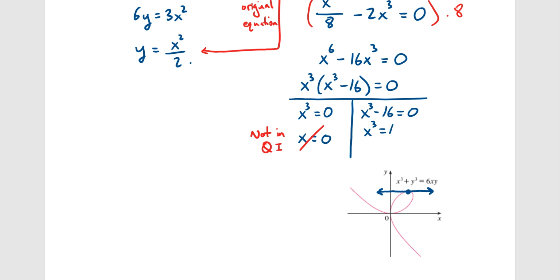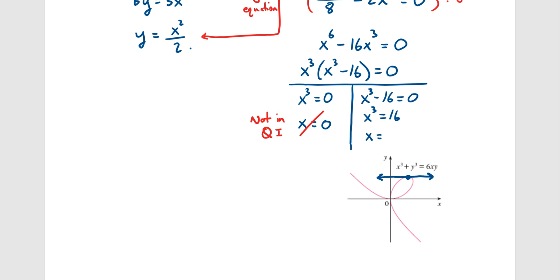We take the cube root of 16 now. So that's going to be the cube root of 16. We can either write that as the cube root symbol, or we can write it with a 1/3 exponent. So the cube root of 16 is, I don't know, 2 point something.